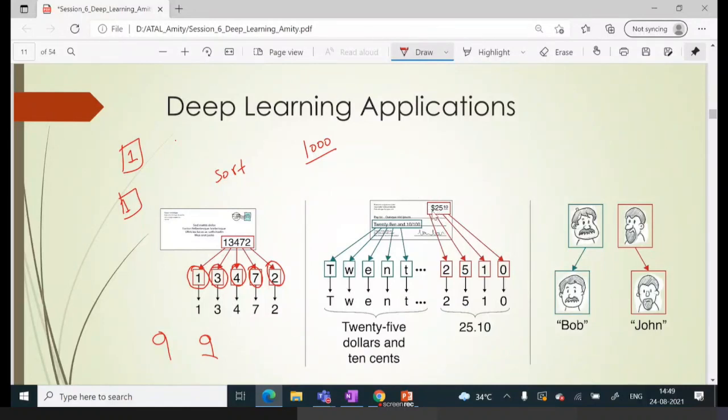A similar kind of problem arises when we try to decrypt checks. Let's say this amount is written in dollars here, and the same amount is also written in words. Now you want to match whether these two are the same or not. Again, deep learning will help us to do so.